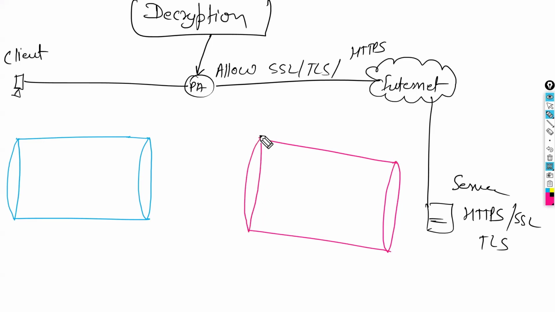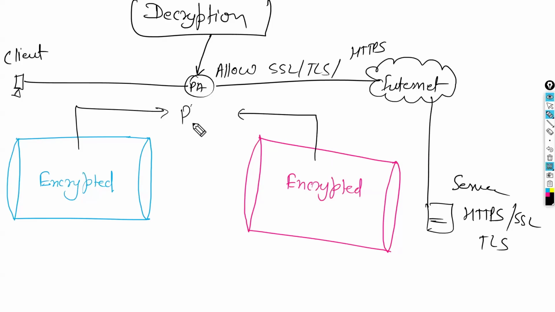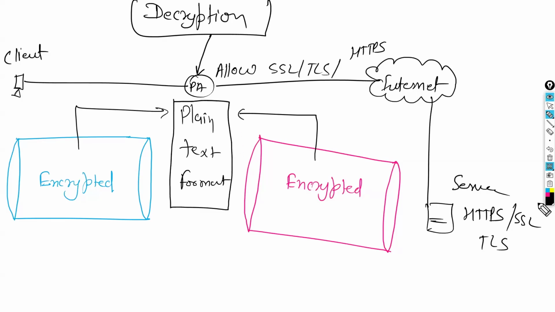When data is in transit, it is encrypted. But when data is available at Palo Alto Firewall, it is available in plain text format. When we have data in plain text format, what can we do?